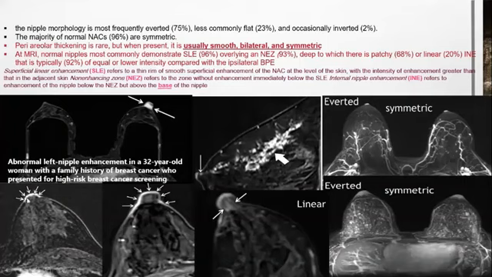And this superficial enhancement is a normal MRI finding, and rarely can extend into the areolar area, but when we see this, it is usually seen on both sides.